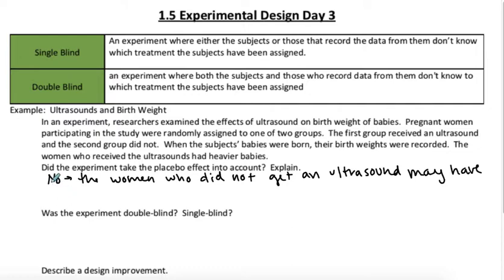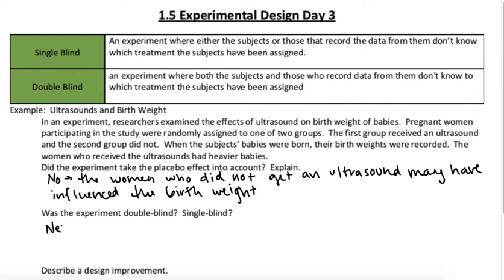We don't know that, but we know that they didn't consider it. And again, this is kind of a stretch, where it's like, what control do you have? But we don't know whether or not they have affected that birth weight. So is this experiment double blind or single blind?